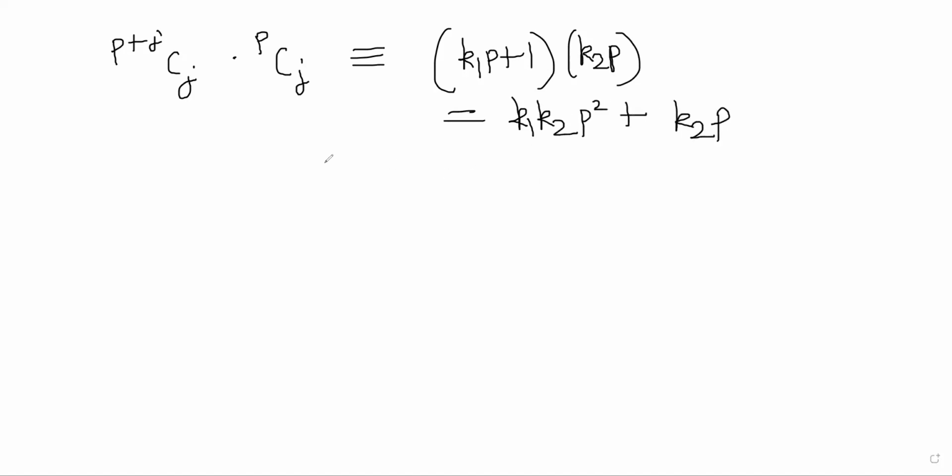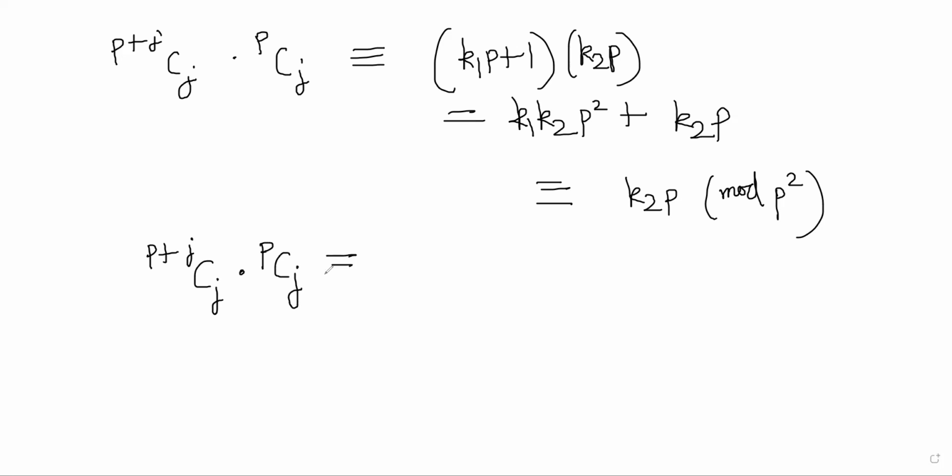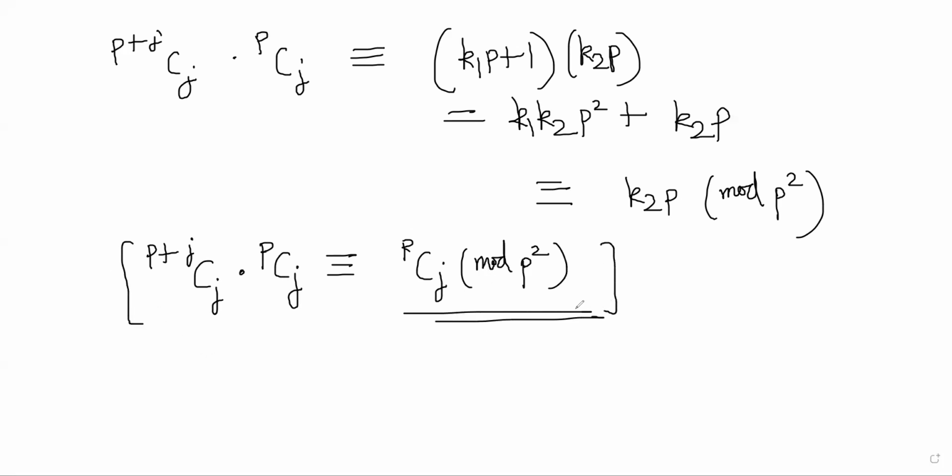If I take modulus of p square on both sides, this is congruent to K2 p mod p square. K2 p was a representation for pCj, so eventually we can say that (p+j)Cj multiplied by pCj is congruent to pCj mod p square. You can check this by putting some arbitrary values of j.